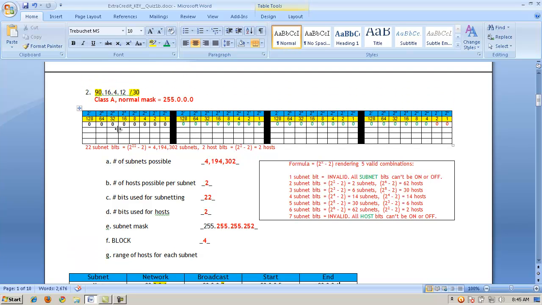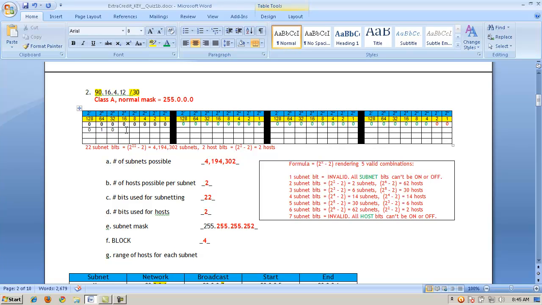So if we were going to do that, how would we turn on all the bits that would be necessary? In this case, we'd come over here and turn on the 64-bit. Let me turn the 128-bit off. That would be too big, but the 64-bit, we could turn that on. We can't turn the 32-bit on because that's too large. That would be 96, and all we want is 90, right?